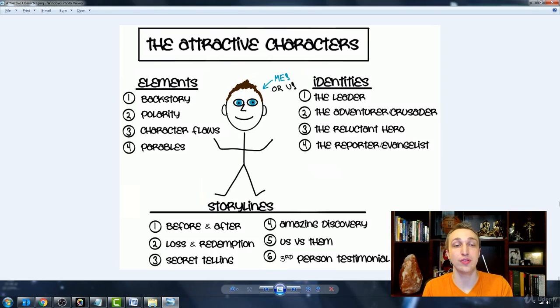So when it comes to the elements, there's a backstory. There's a way that you got to who you are, why you are the way you are, how you think, what you know, all of that. Those are, of course, backstory elements. You need to have parables, stories of how you failed, why you learned this. And when you start thinking back on your history, or even an attractive character's history, it can be you, it could be your client even.